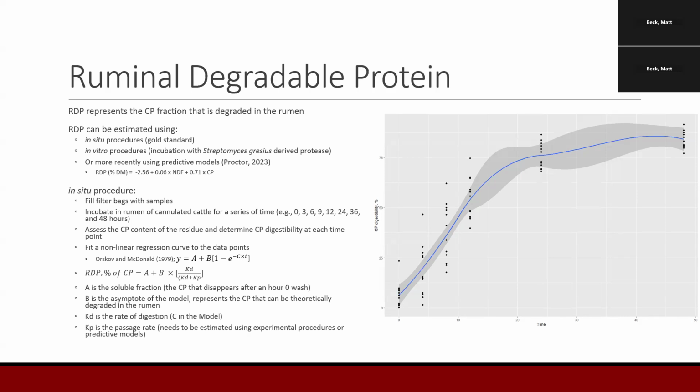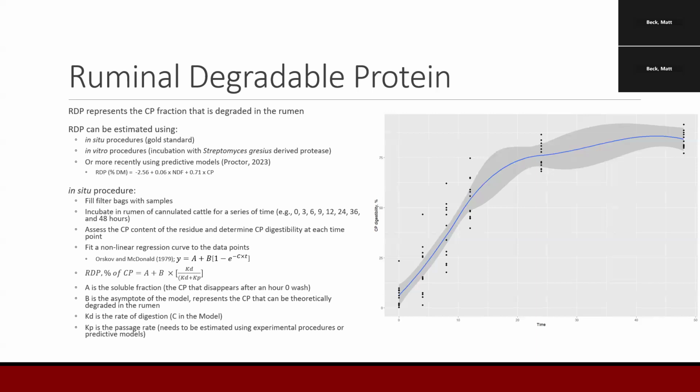We can fit that to the Orskov model, and we can calculate an A fraction, which would be the intercept: soluble crude protein. So how much crude protein was digested at hour 0, so no room and incubation time.